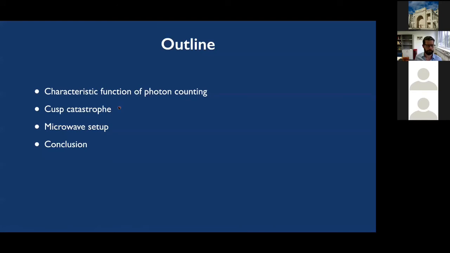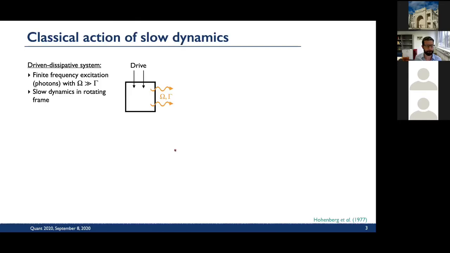So that's also the talk. I want to convince you that the photon counting statistics is in a way universal below the bifurcation threshold. Then I will explain what kind of statistics you can expect, and also point out a microwave setup in which you can observe this physics.